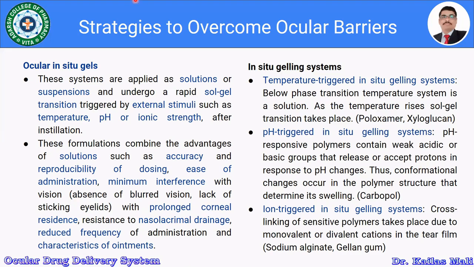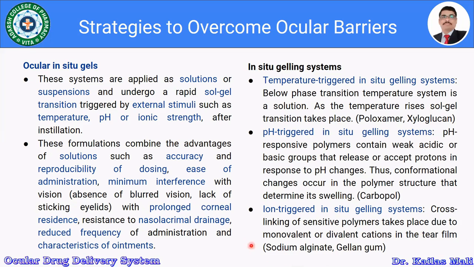And the third system is the ion-triggered in situ gelling system. Here the cross-linking of sensitive polymers takes place due to monovalent or divalent cations in the tear, as tear comprises some cations, for example calcium.